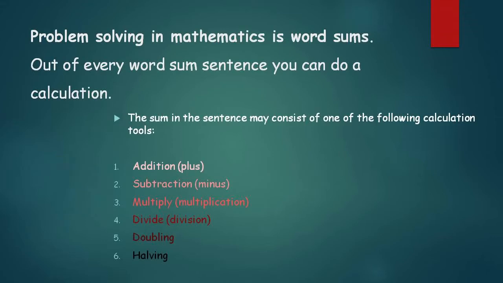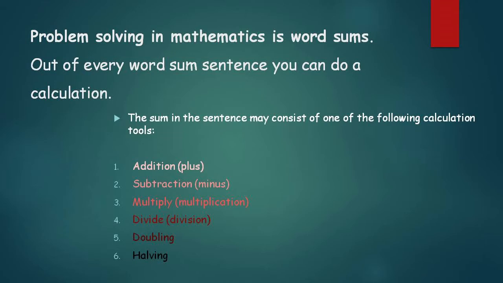Alright, so problem solving in mathematics is basically word sums. So out of every word sum sentence, you can do a calculation. So when we give you those little word sum stories, there is a calculation. You can find a sum in there. So the sum in the sentence may consist of the following calculation tools. In other words, when you read the sentence, you might find one of these things to be able to do the sum.